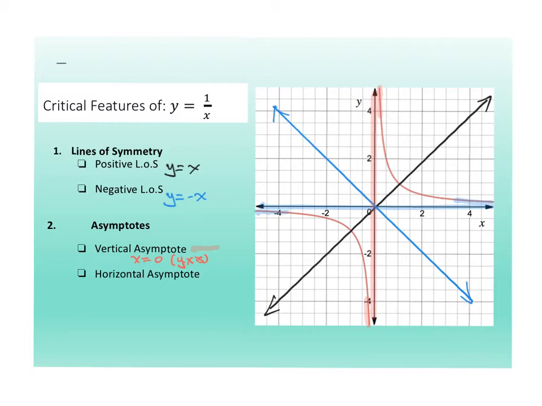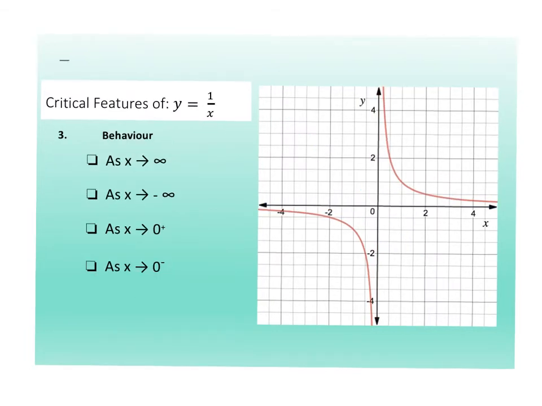Therefore we know that the horizontal asymptote is y equals 0, or the x-axis. Just to indicate, the blue color is the horizontal asymptote.